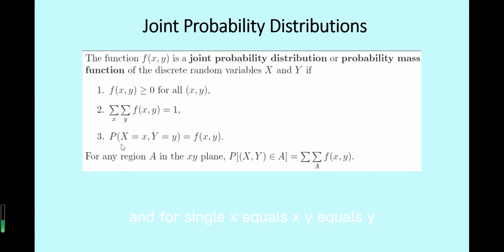And for a single case X = x, Y = y, the probability is f(x, y).